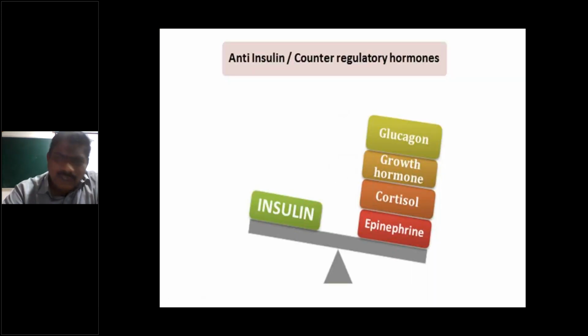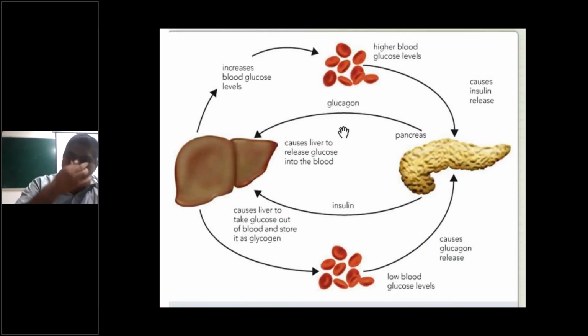Insulin is the only hormone which decreases the blood sugar level, whereas glucagon, growth hormone, cortisol, and epinephrine are all anti-insulin or counter-regulatory hormones which increase the blood sugar level. Take for example insulin. Whenever glucose levels increase, the increased glucose level causes insulin to be released.